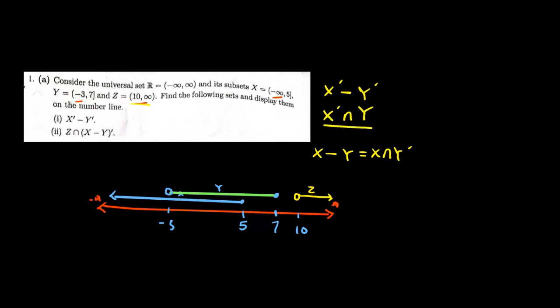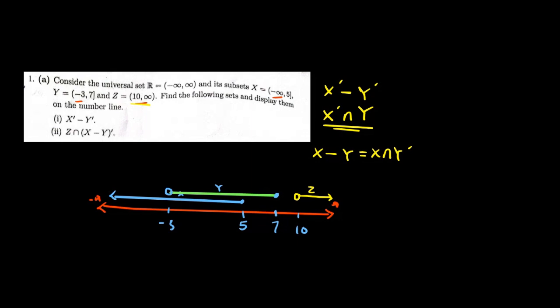Now, if I look at this graphical representation that I have here, my set X goes from 5, closed at 5, all the way to negative infinity. By definition, the complement means all those elements that are not members of that set but sit in the universal set. Our universal set is the entire set of real numbers.